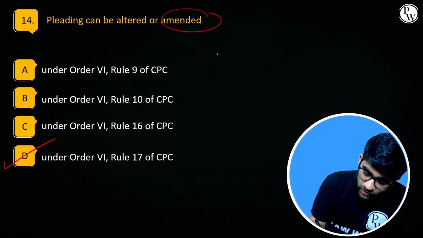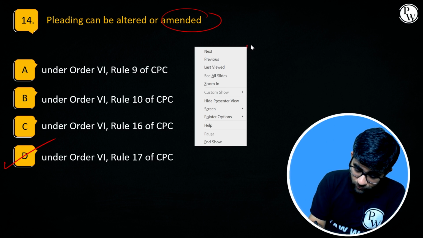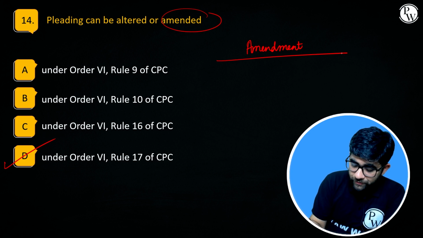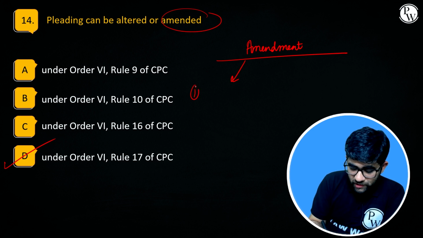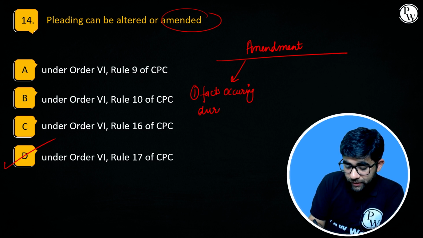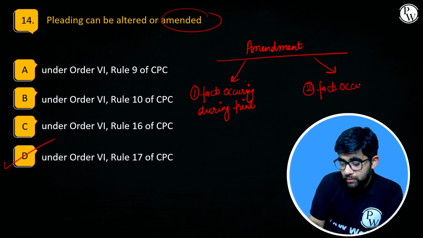Now, there are two kinds of things in amendment: facts occurring during trial, and facts occurred before filing.